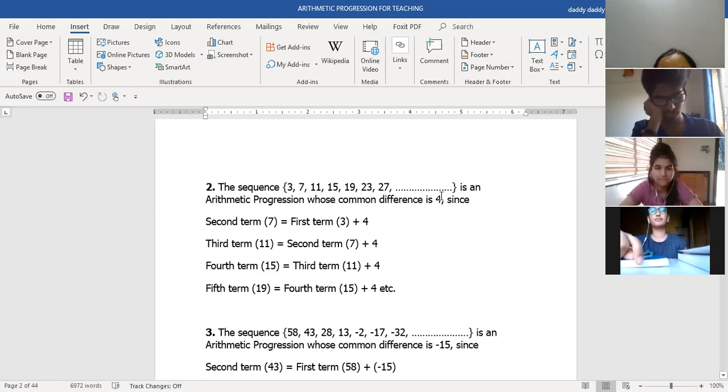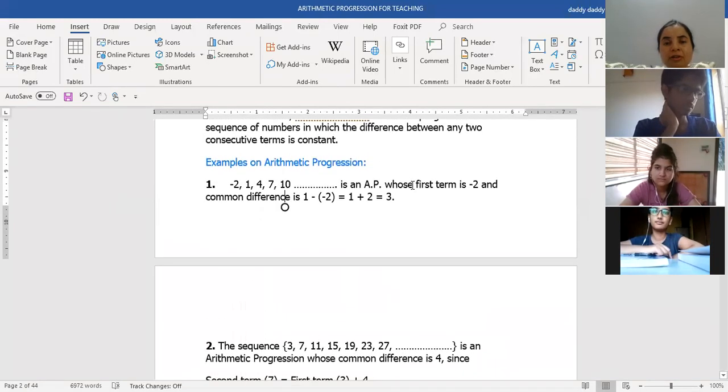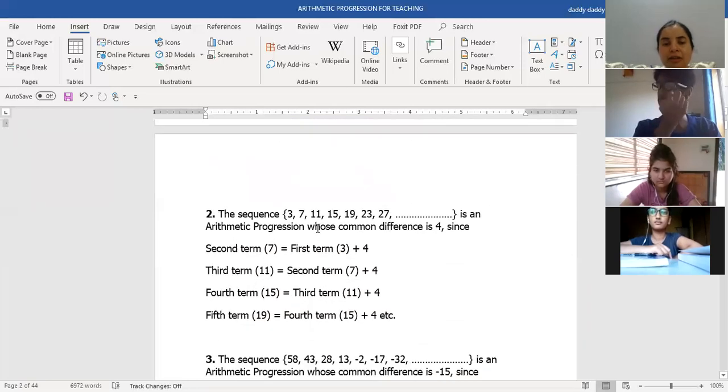So let's try to generate the relation between the preceding term and the succeeding term in another manner. In the previous one, what I did was succeeding minus preceding is equal to common difference. Here what I have done is preceding term plus common difference will give me the succeeding term, isn't it? So the preceding term is the term which comes first.